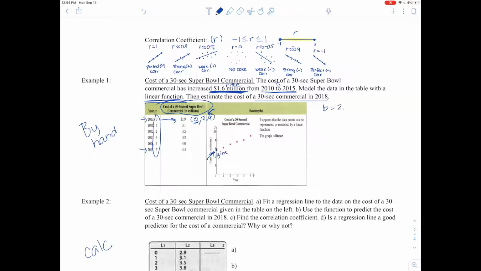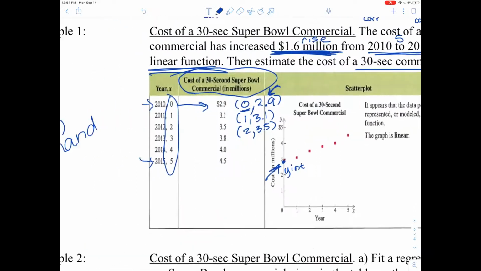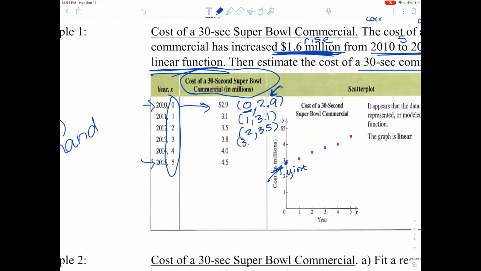I already know what that is, 2.9. So when we're modeling data, well, let's just go ahead and get the rest of these points. We got 1, 3.1, 2, 3.5, sorry, 3, 3.8, 4, 4, and 5, 4.5. So we have all these points.